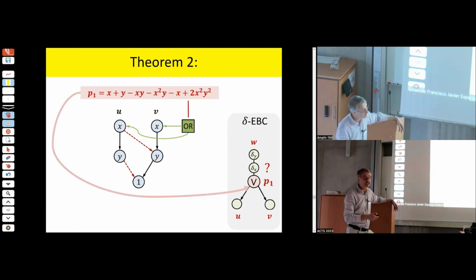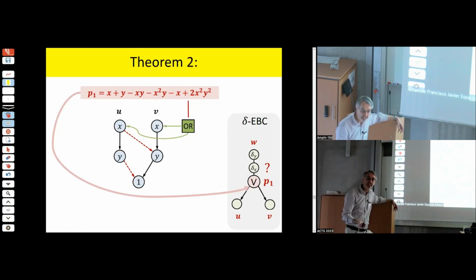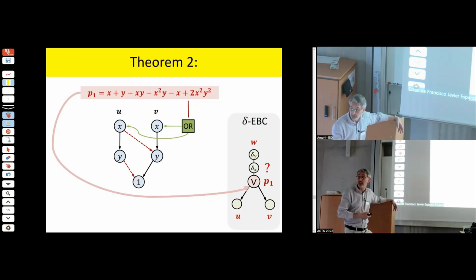Okay, so the idea is that these two polynomials that I need, I am going to obtain them as intermediate results along the computation of the BDD for the OR of U and V. And this is something that Prover also had to do anyway. In order to compute the BDDs, Prover had to apply this algorithm.